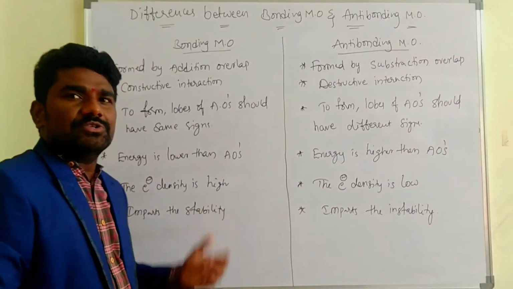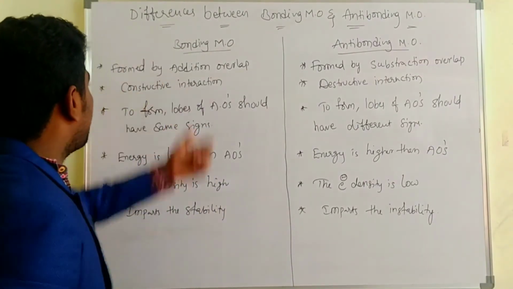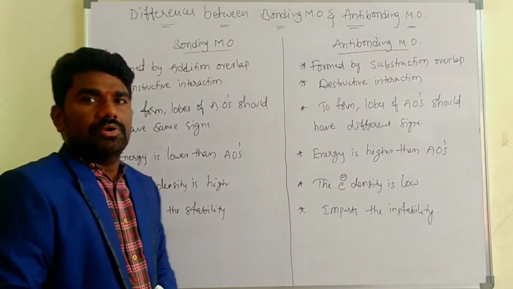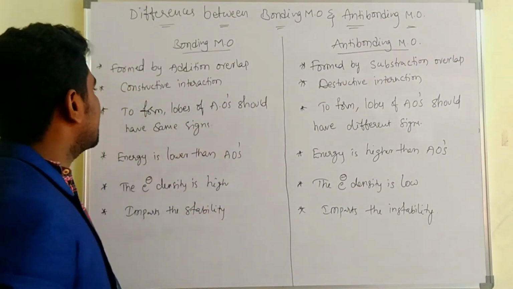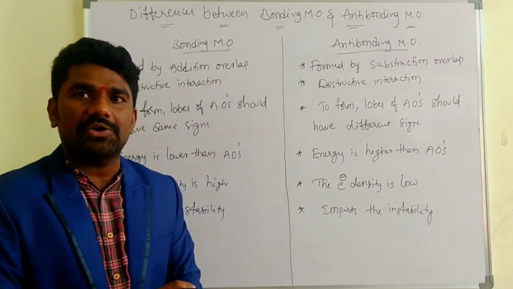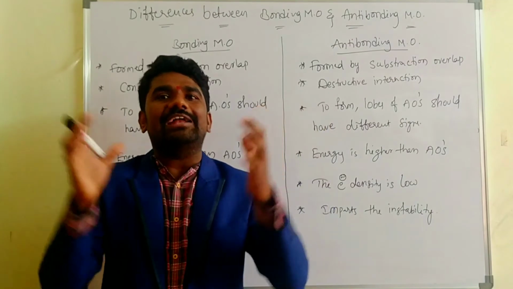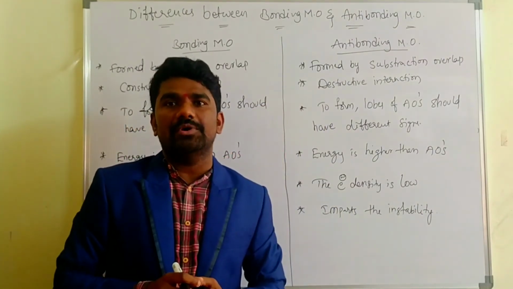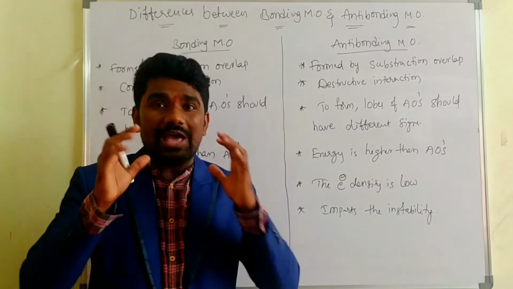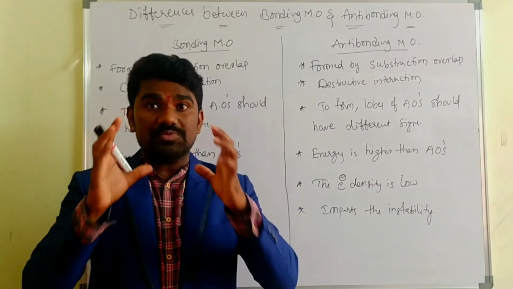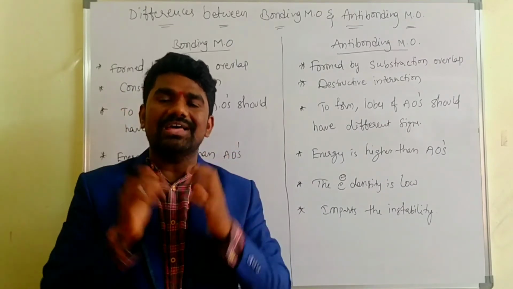Coming to the next point, to form the bonding molecular orbitals, the lobes of the atomic orbitals which come together to overlap should have the same sign.